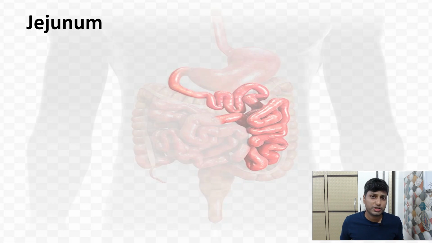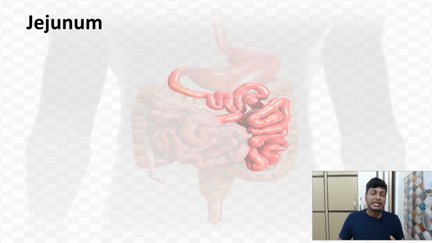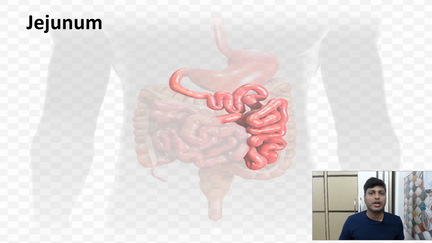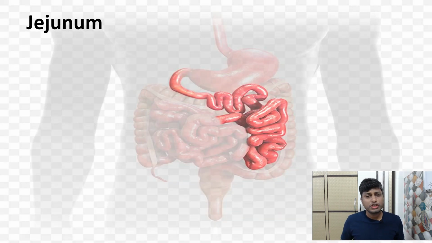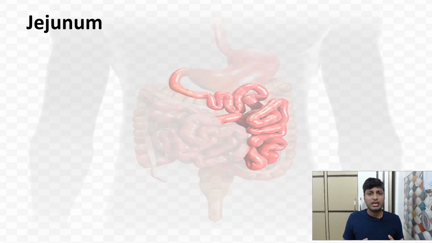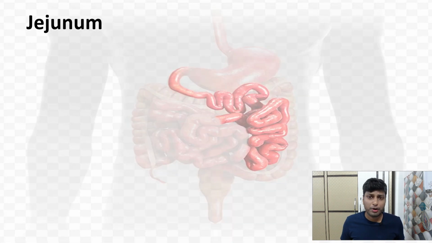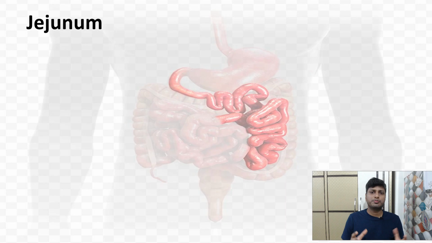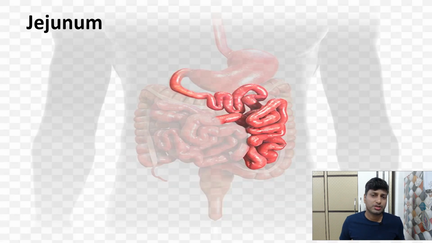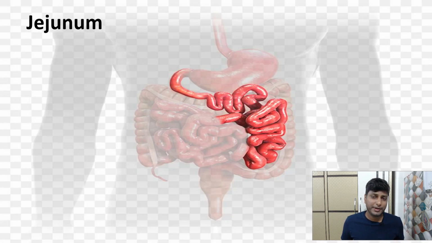The next part of the small intestine, which is basically the middle portion of the small intestine, is called the jejunum. So dear students, you can see that this portion is the coiled part of the small intestine. Again, this is very, very important, because inside this portion the major process of digestion is going to take place.